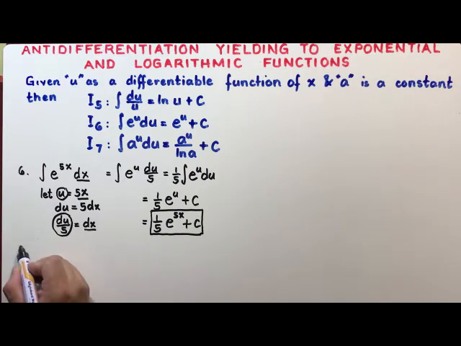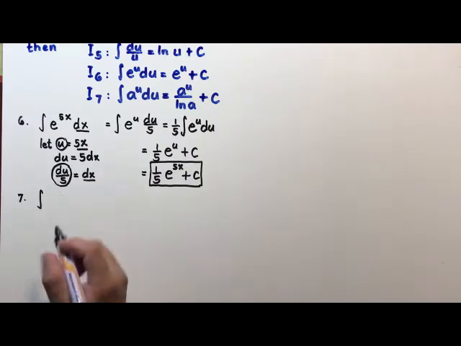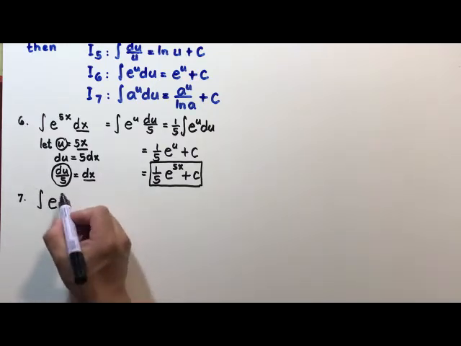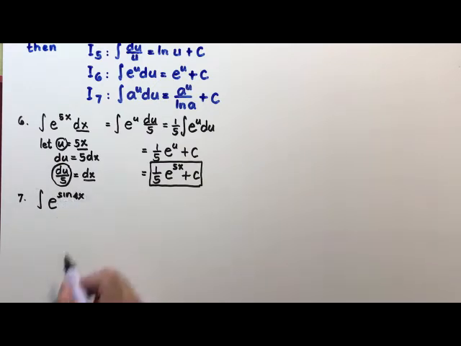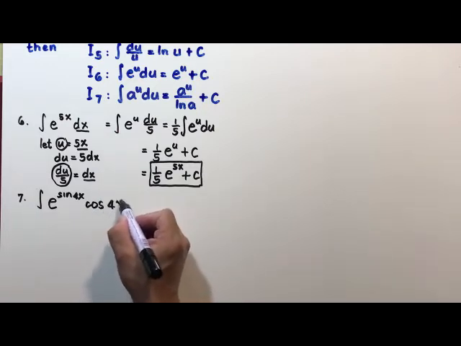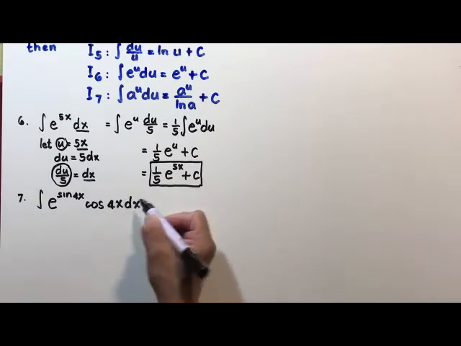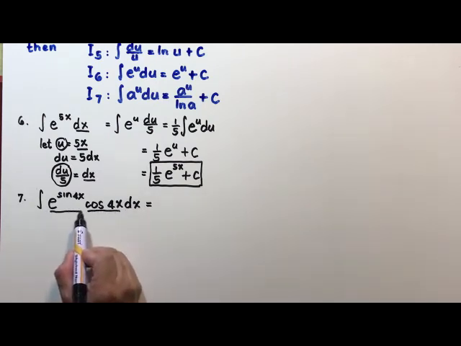So let's proceed to example number 7. Our example 7 is, what is the integral of e to the power sine 4x times the cosine of 4x dx? Now, this is something a little bit weird because there is a trigonometric function and also an exponential function.